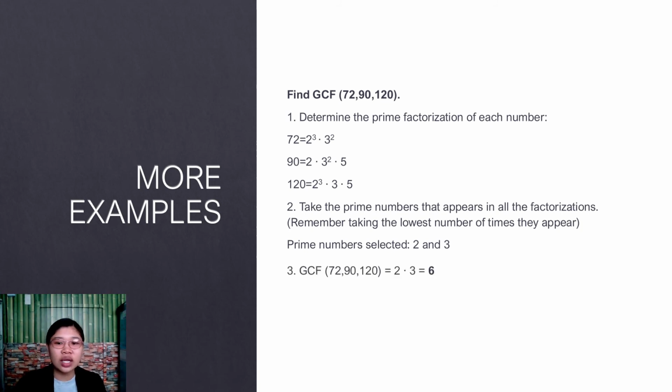So, take note, take the lowest number of times they appear. 2 appears once in 90 and 3 appears once in 120. So, our greatest common factor for 72, 90, and 120 is 2 times 3, which is equal to 6.